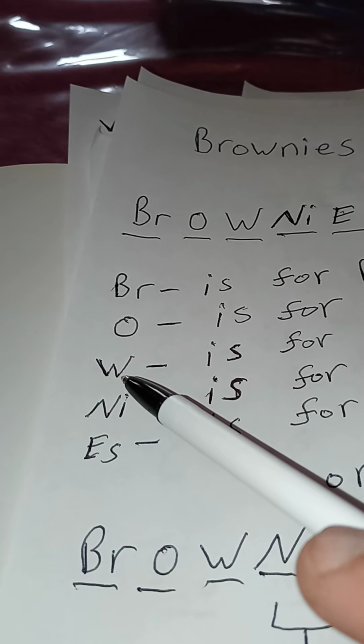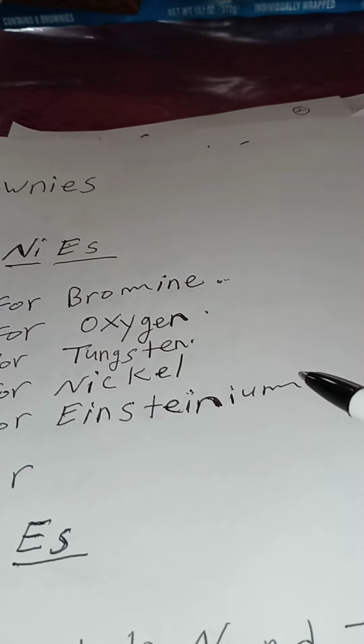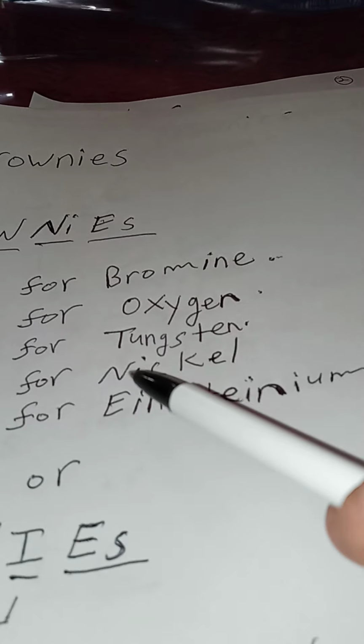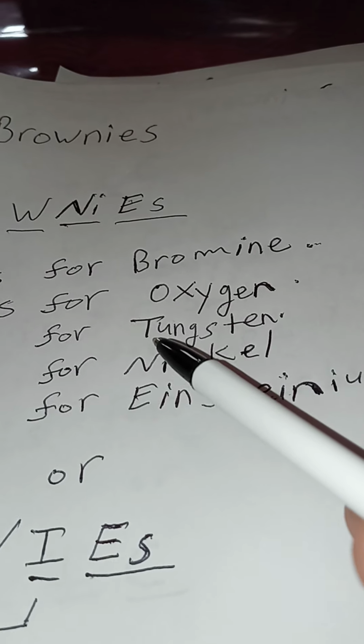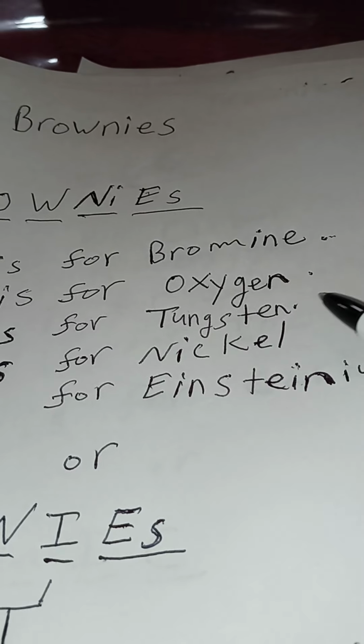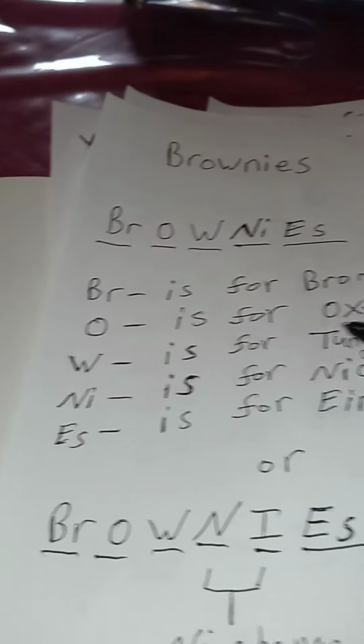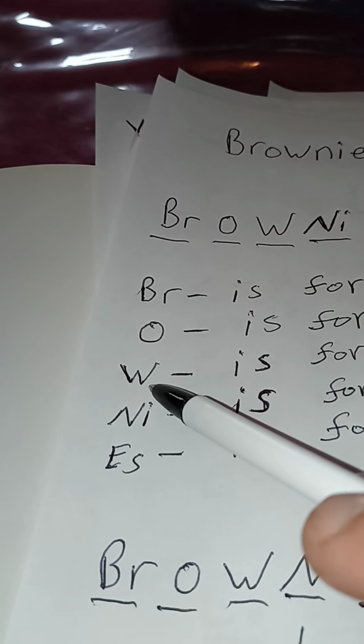Capital W is from a foreign word. It's foreign. And it is the chemical symbol for tungsten. You see how tungsten is spelled, capital TUNGSTEN. So be careful. Even though tungsten starts with a capital T, the chemical symbol is a capital W.